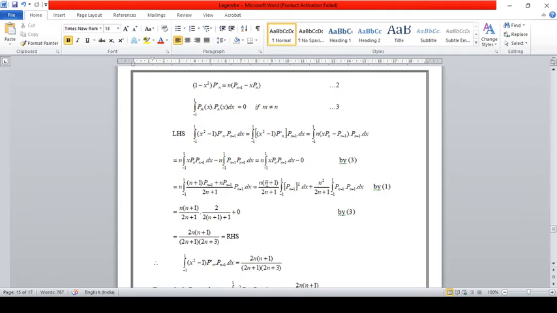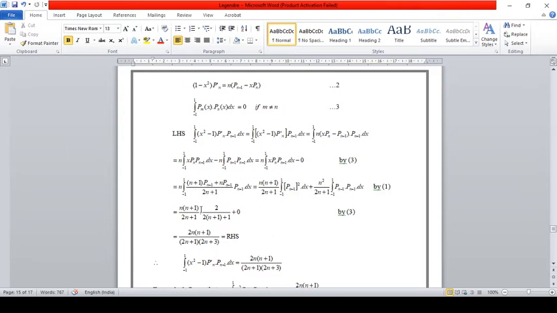Substitute the value. Now again the constant here is n plus 1 upon 2n plus 1, integration from minus 1 to 1 of (Pn plus 1) whole square dx, plus n square upon 2n plus 1 integration from minus 1 to 1 of Pn minus 1 Pn plus 1, the last term again equal to 0.